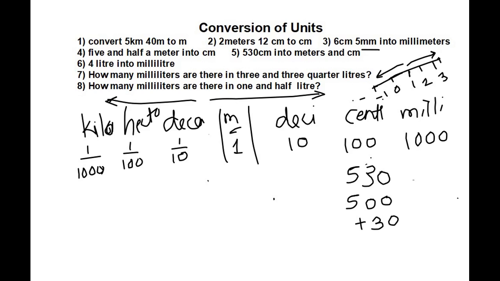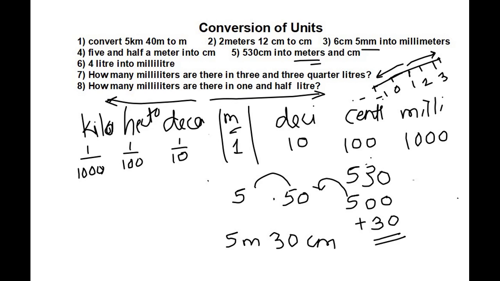So just to break it down, we will convert it into 500 plus 30. Converting this 500 will become divided by 10, because now I am going in the opposite direction. So here it will become 50, and again dividing by 10 will give you 5. So it will become 5 meters. And we still have 30 centimeter as it is.